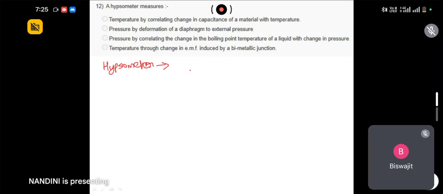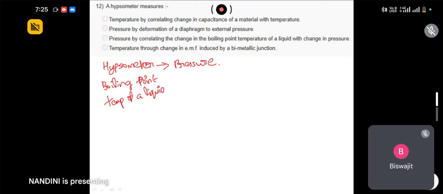So this is basically used to determine the pressure. It measures the boiling point temperature of a liquid.